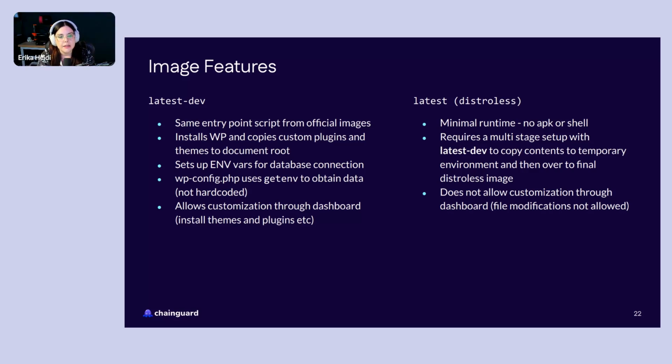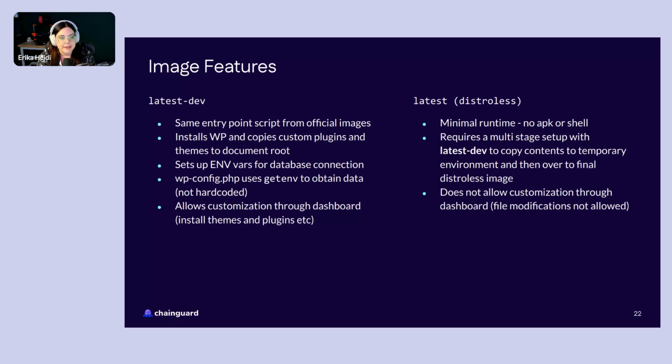So you define a number of environment variables, and this will set up your WordPress. And you can also use a volume share from Docker to install custom themes and plugins. So these are the same features that you have on the official image.